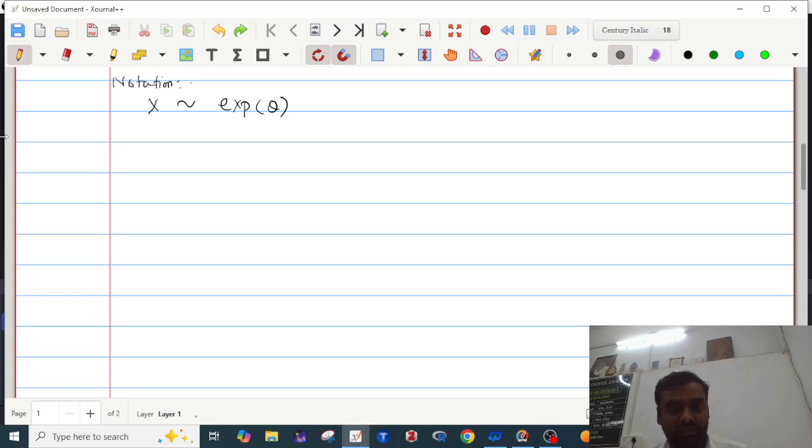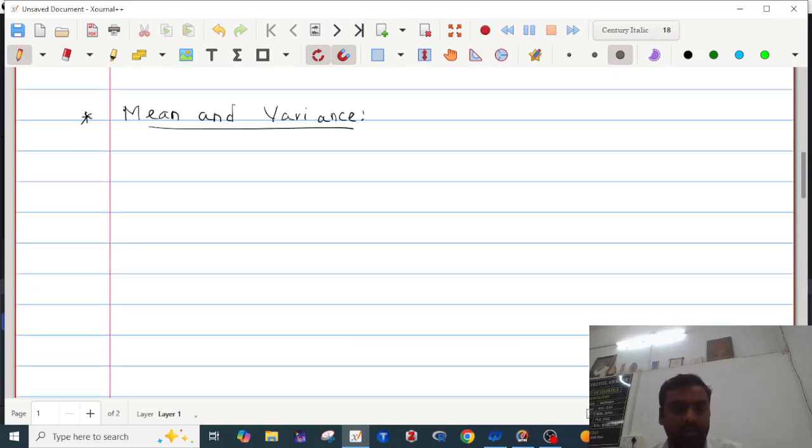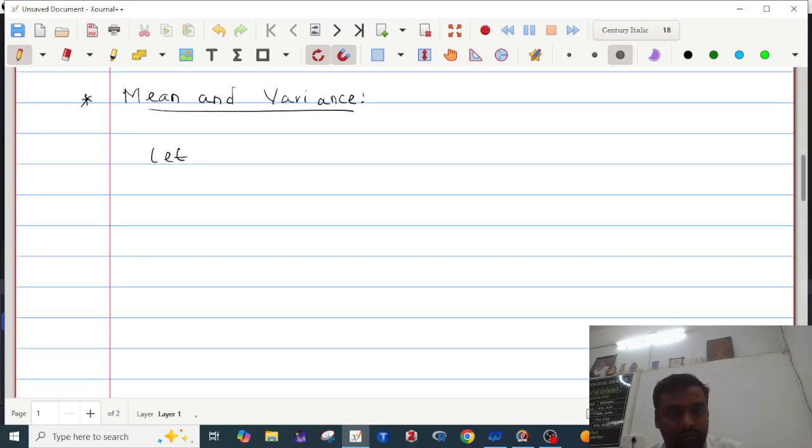Next, mean and variance. Let X follow the exponential distribution with parameter theta.